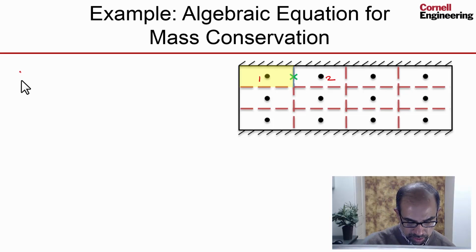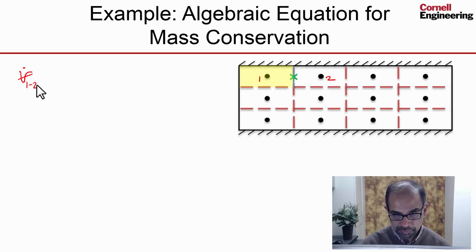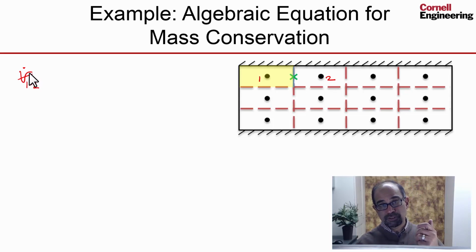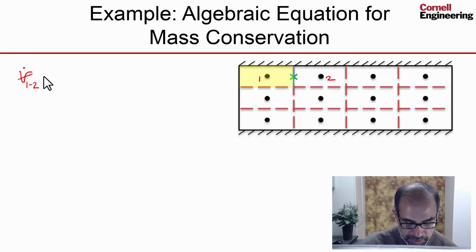So the volume flow rate, that's a volume of flow and that's a rate, so that's per unit time, for the face between cell 1 and 2. I'm using this symbol for volume to distinguish it from V for velocity so that you don't get confused between V for velocity and V for volume.